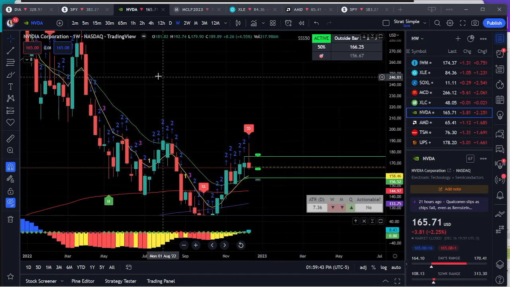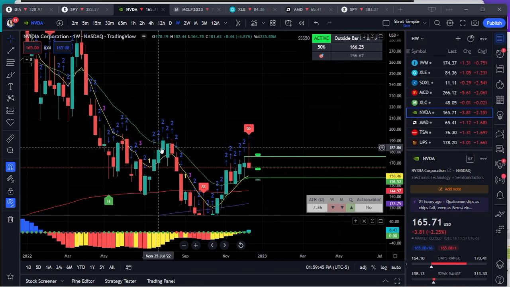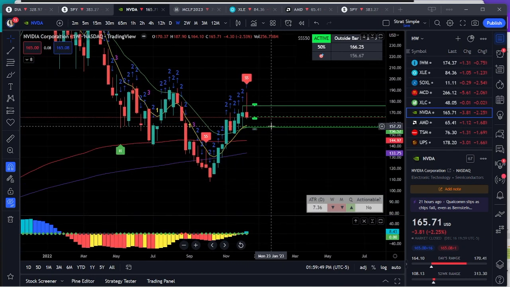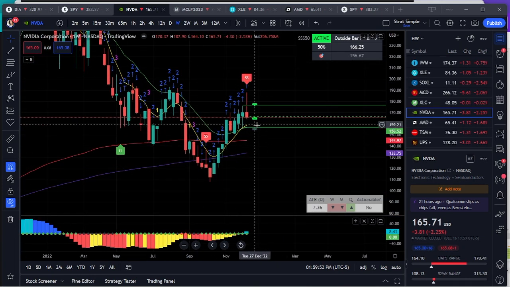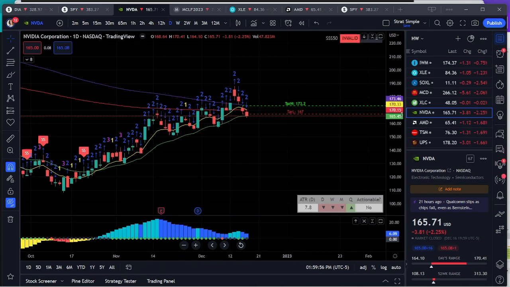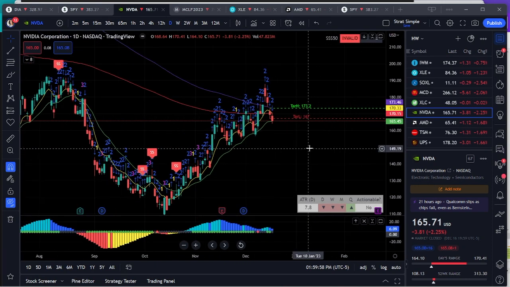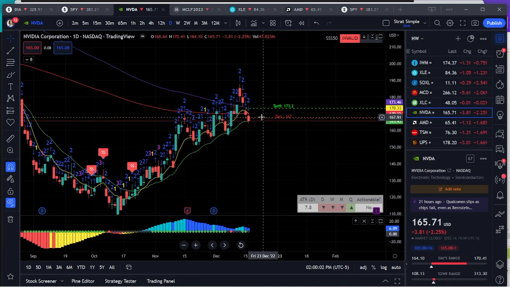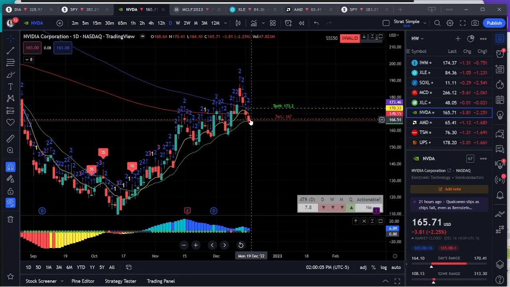Now, also, we haven't been able to make higher highs, and you see it rejected here. So basically, looking to see if Nvidia does an H and makes an outside month. You see it's rejected the 200 pretty hard, came down, and now we're sitting around these EMAs on the day.